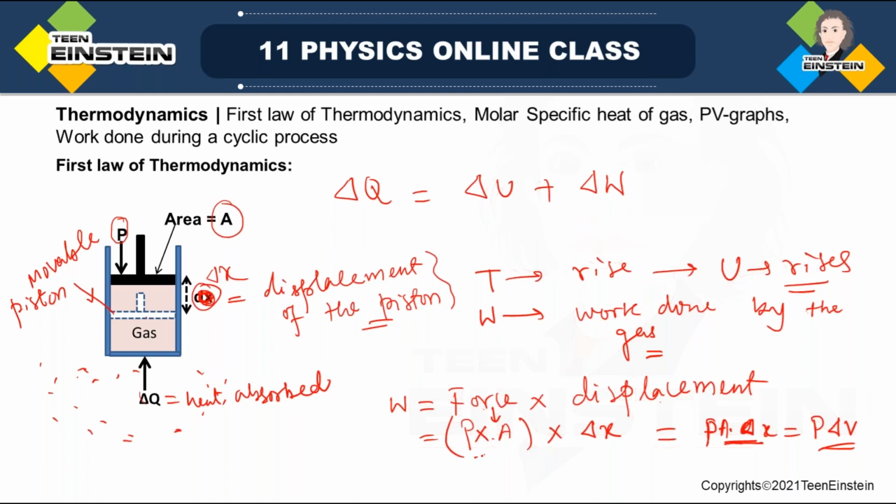That can be calculated as force into displacement. Force is pressure into area. So P is the pressure against which the gas is working, and A is the area of the piston. So PA gives the force. This delta x is the displacement of the piston from here to here. So A into dx is the change in the volume, so we can write P dV.